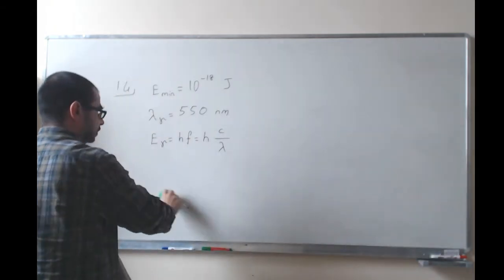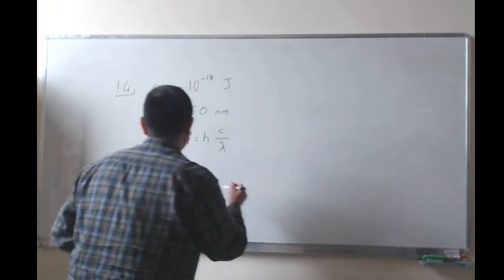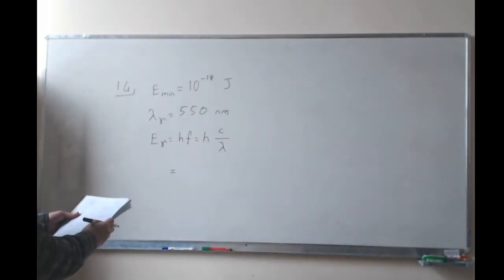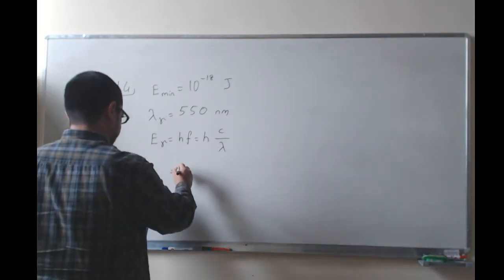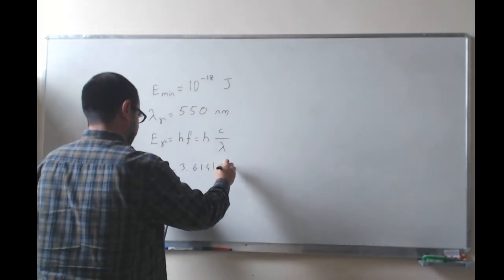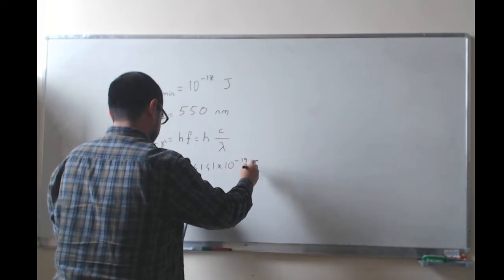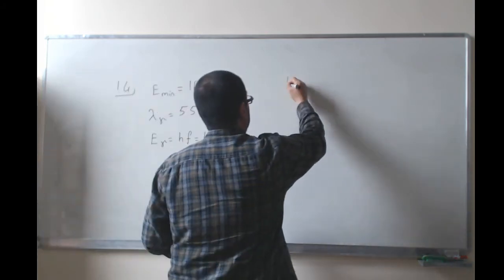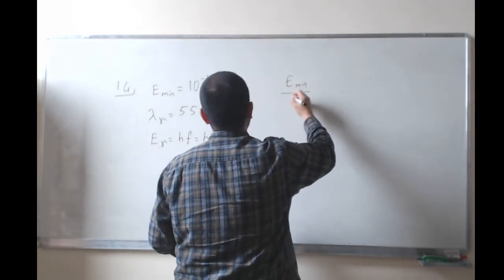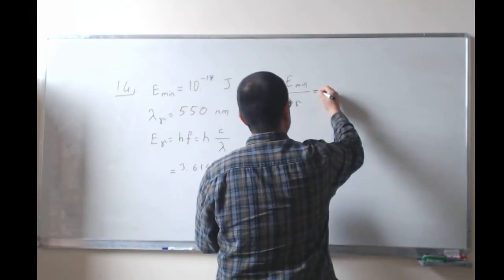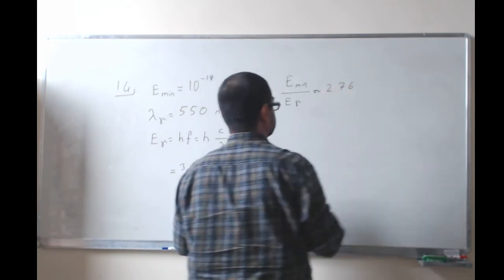And once you do this, you can calculate this energy by using the appropriate values of Planck's constant. I actually did this, and when you carry this out, it comes to 3.6141 times 10 to the minus 19 joules, I think. And when you divide this out, in terms of photons, you get something like 2.76.